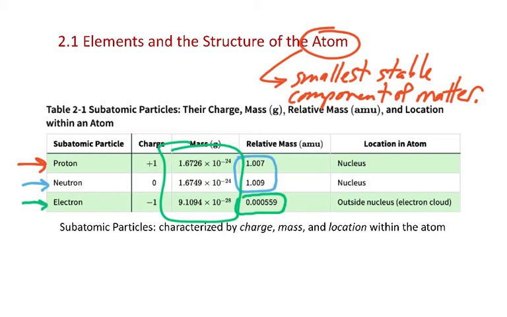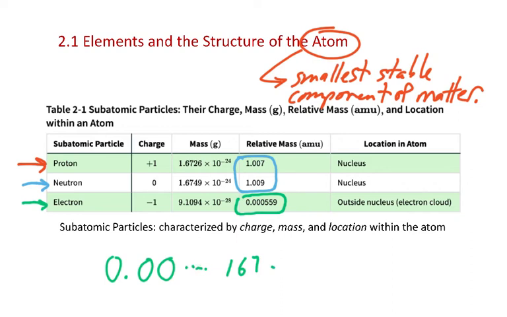Remember, times 10 to the minus 24 would be 0.00, and we're going to have 23 zeros, and then 167... So 23 zeros in here, grams, right? Super tiny, hard to talk about, even with scientific notation.